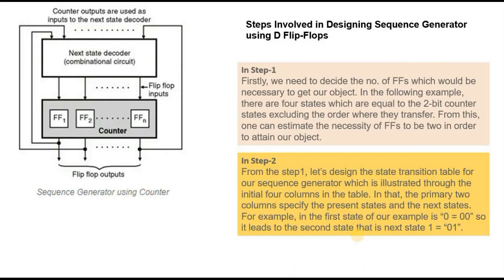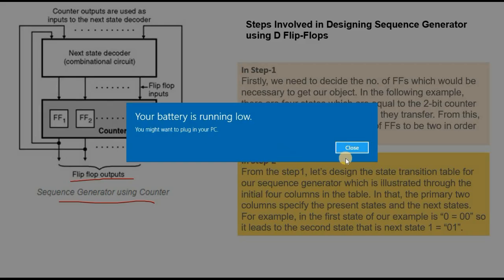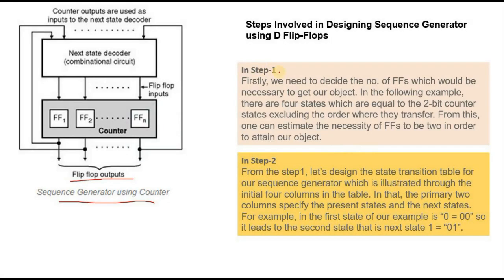And the sequence generator using a counter. So these are the flip-flop outputs. This is another architecture of a sequence generator. And these are the steps involved in designing a sequence generator using D flip-flops. What is step 1?